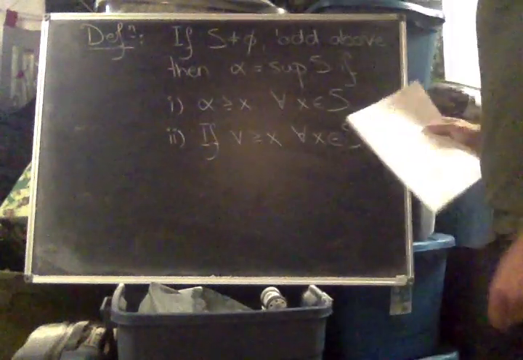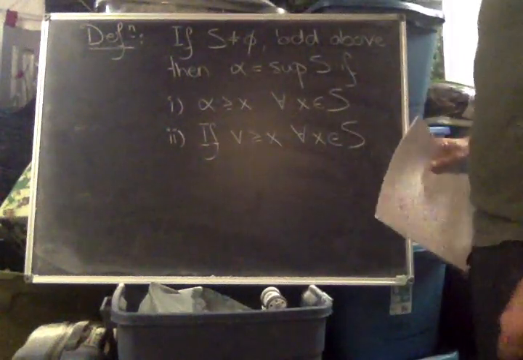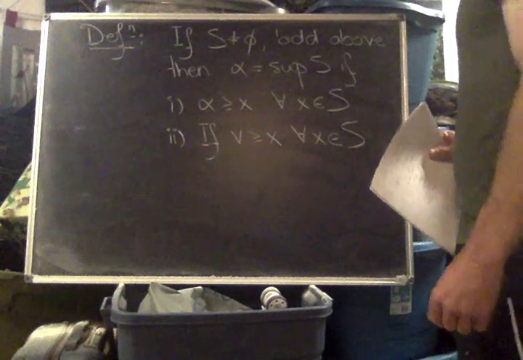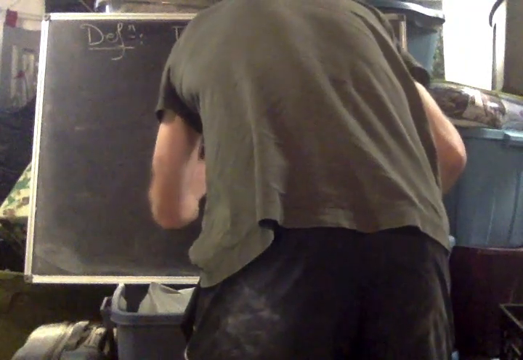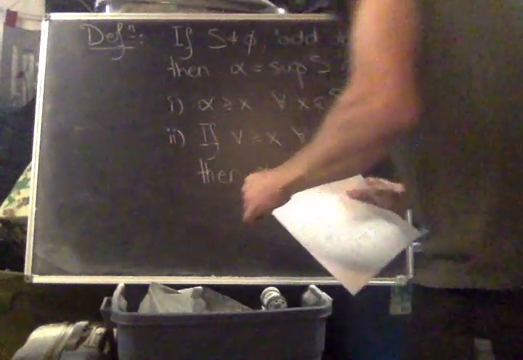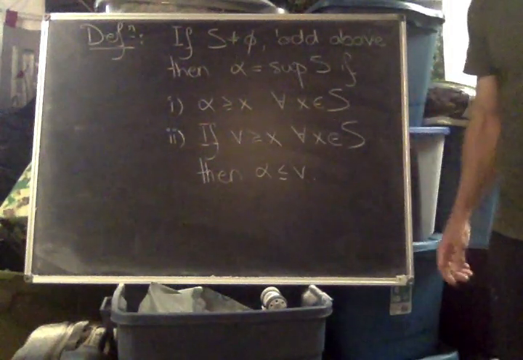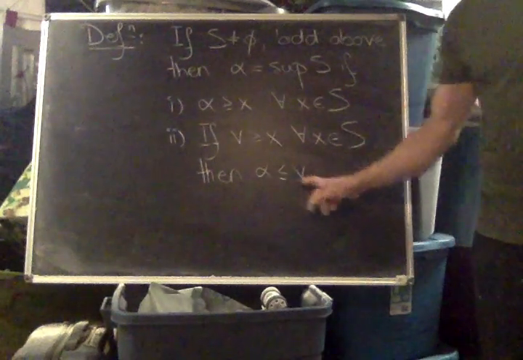All right. Okay. So if v is greater than or equal to x for all x in S, then alpha is less than or equal to v. Said another way, if v is any other upper bound for S, then alpha is smaller than v.